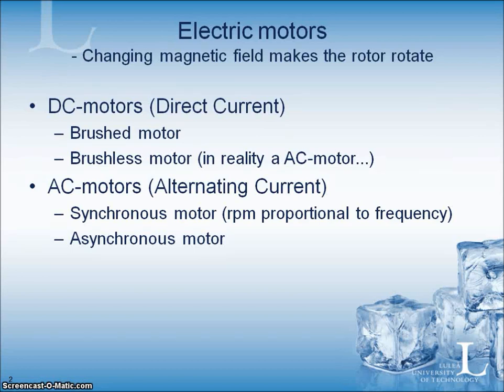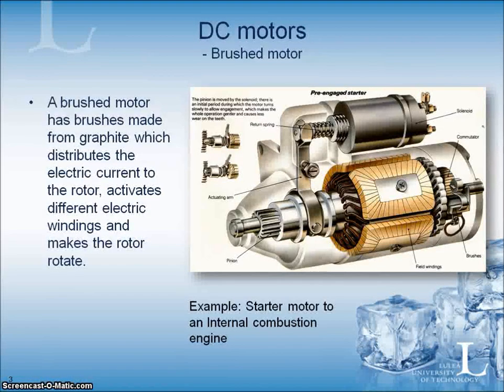But let's start. The most common DC motor is the brushed motor. A brushed motor has brushes, as you can see here on the figure. The brushes are then through the commutator distributing the electric current to different windings or coils that generate magnetic fields.